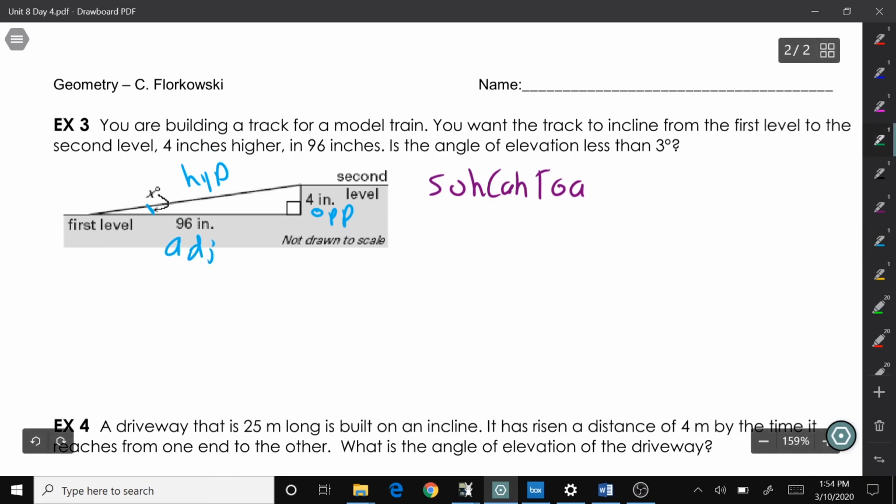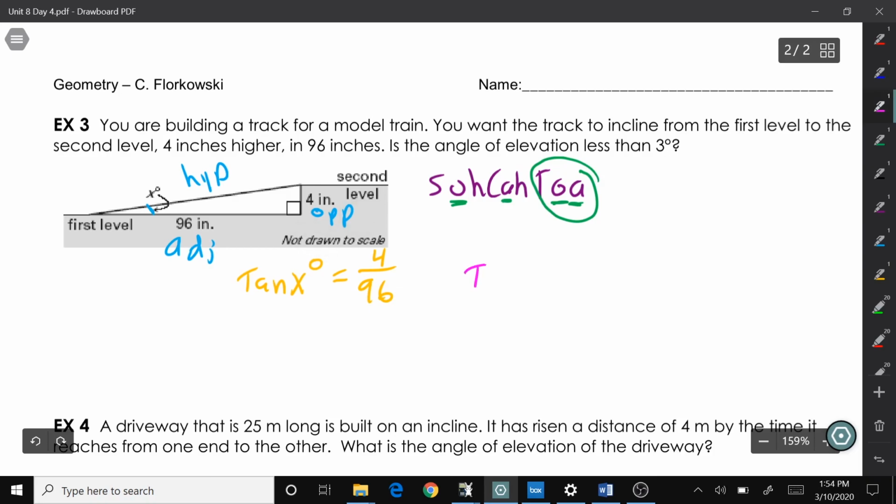So I'm going to go back to SohCahToa and I'm going to underline my O's because I'm given the opposite side, and my A's because I'm given the adjacent side. So I'm going to use tangent. So the tangent of x is equal to the opposite side, 4 over 96.